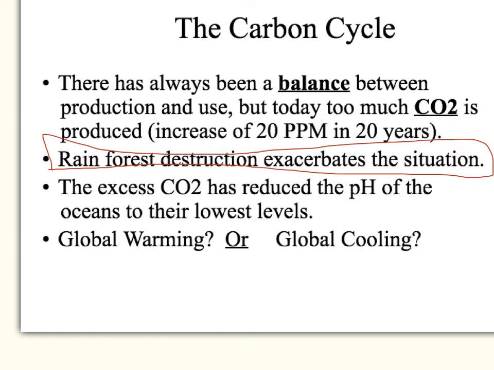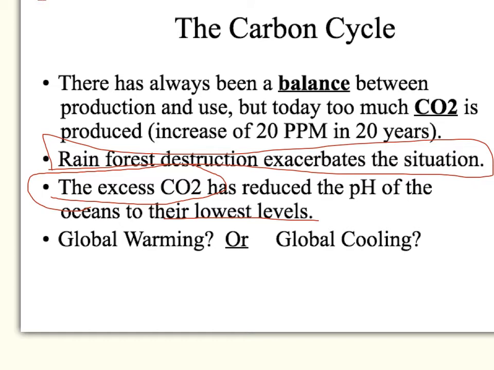And so we also have this excess CO2 that's going to go into the ocean, and it's going to have an effect on pH. We have noticed that the pH is at the lowest levels it's been, as far as we've been able to record it. So this is a problem. This might be related to the coral reefs dying or other organisms in the marine environment really struggling for survival right now.